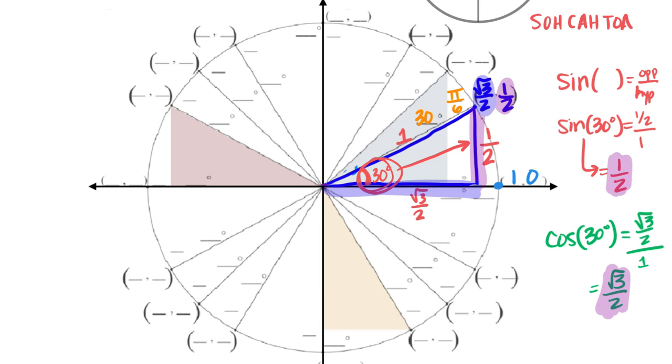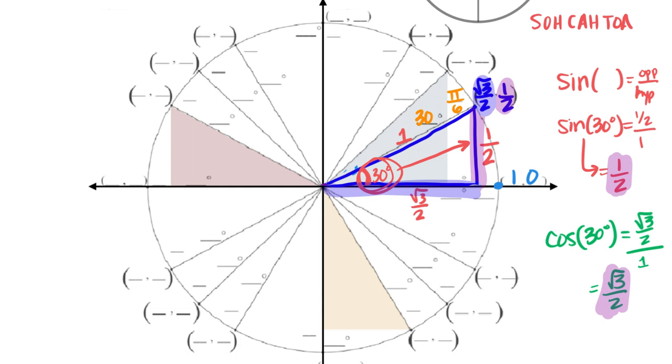So on your chart, above the sine column, I want you to write a y, and above the cosine column, I want you to write an x, because I need you to remember that all of the y values on the circle are the sines of that angle. And all of the x values on the circle are the cosines of those angles.